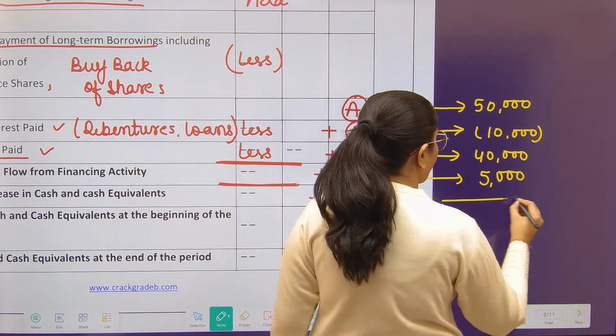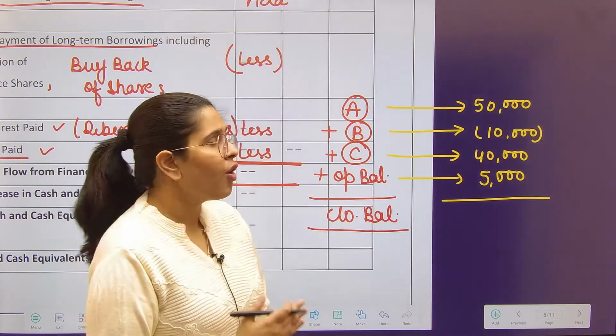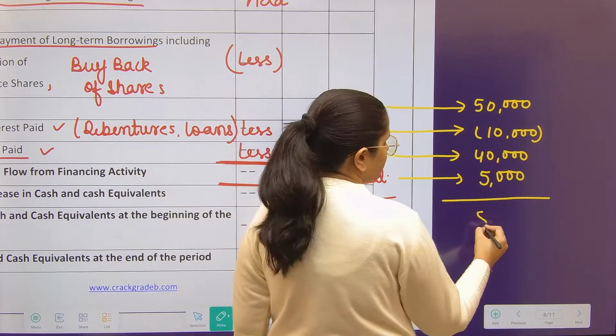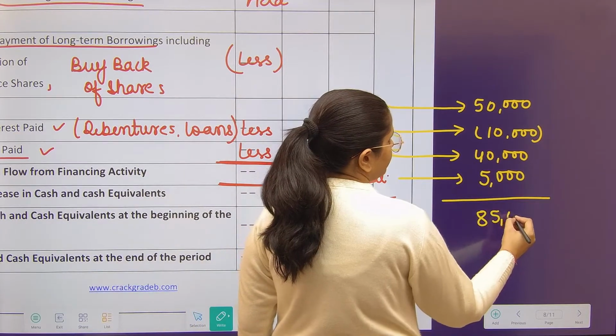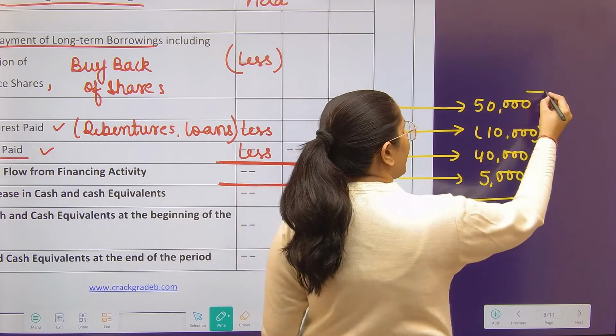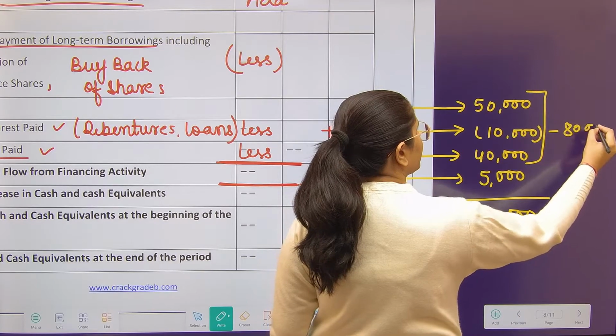This means my closing balance, at the year end, what I should have in my pocket is 85,000. Because I was having 5,000 earlier as well, and 80,000 is the amount which I have earned during the year.